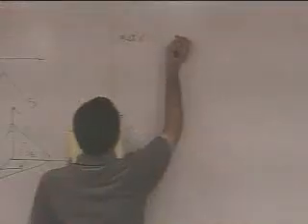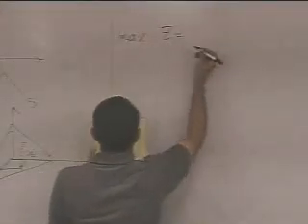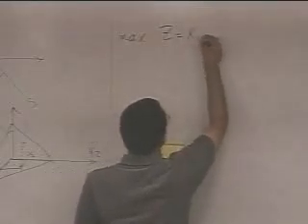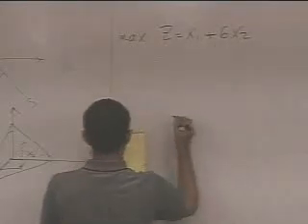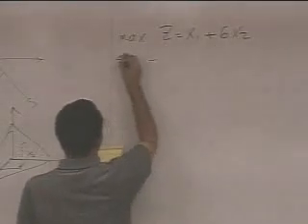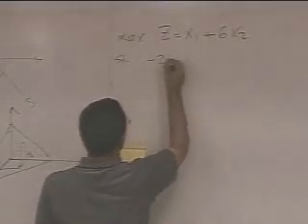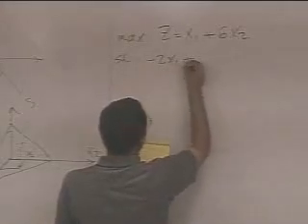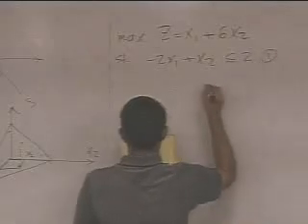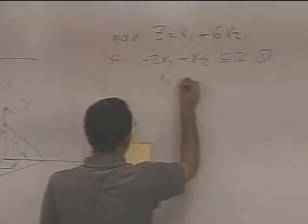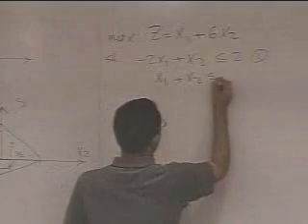So, maximize, this is my objective function, x1 plus 6x2. And these are my constraints. Minus 2x1 plus x2 is less than or equal to 2. I call it 1. x1 plus x2 is less than or equal to 5.